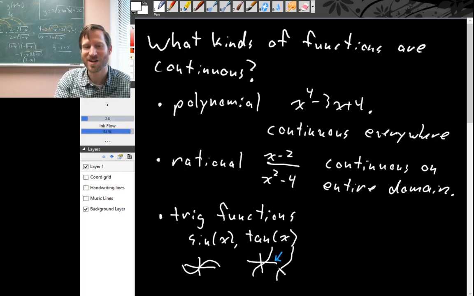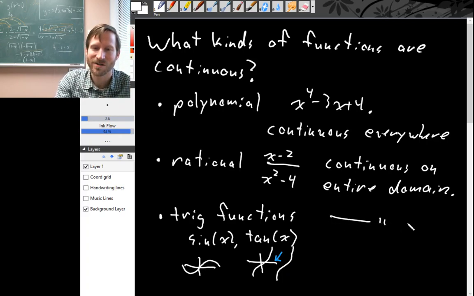For example, tangent has these spots where it jumps from plus infinity to minus infinity, but that happens where there's a hole in the domain of tangent. As long as you ignore the holes in the domain, none of these graphs jump around. So trig functions are also continuous on their entire domain.